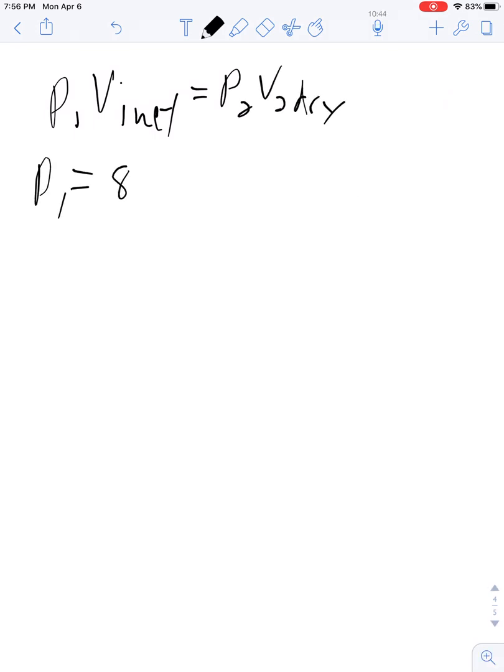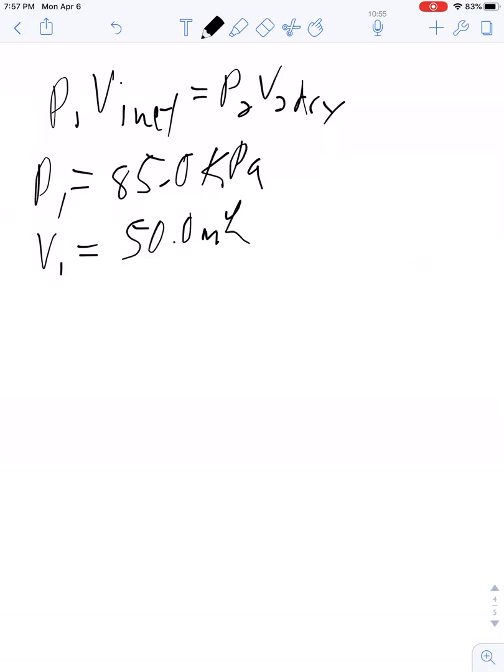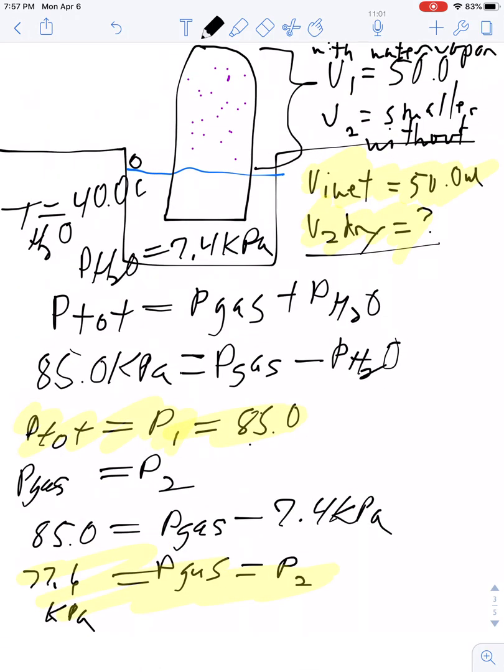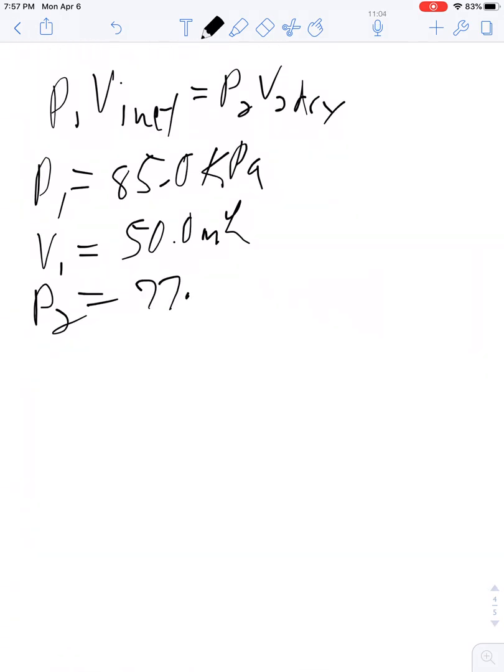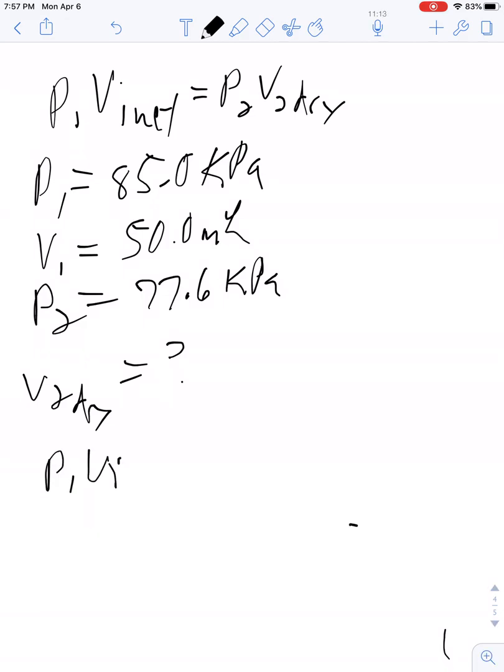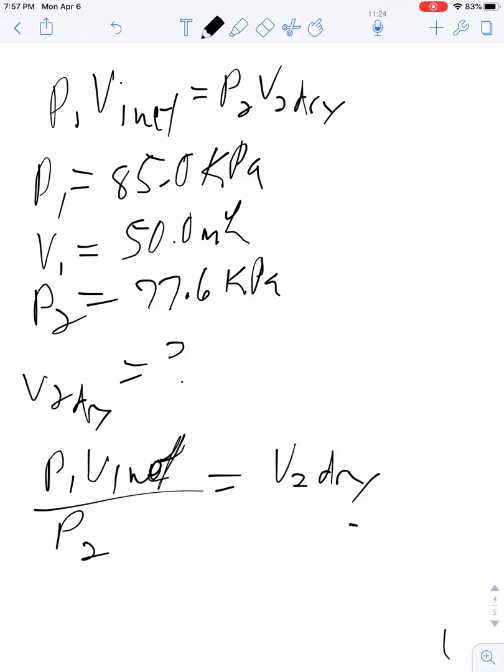The P1 is 85 kPa. The V1 was, I forgot, 50 mL. The P2 was 77.6. And then the V2 dry, we're going to calculate. So we're going to solve for P1 V1 wet over P2 will equal V2 dry.